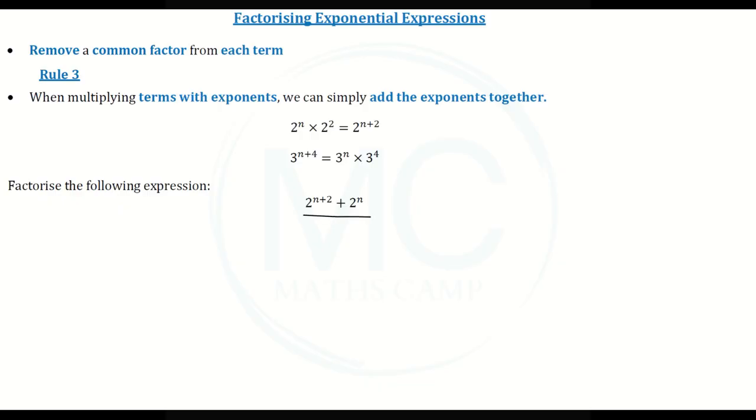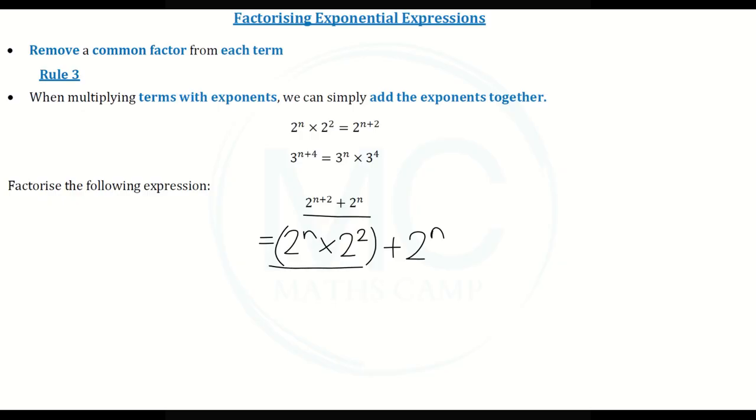So instead of 2 to the power of n plus 2, I'm going to say 2 to the power of n multiplied by 2 to the power of 2. Let's put this into a bracket, and then we add our 2 to the power of n. Remember that when you're multiplying values together, they become one term.